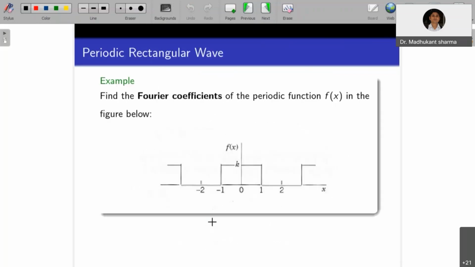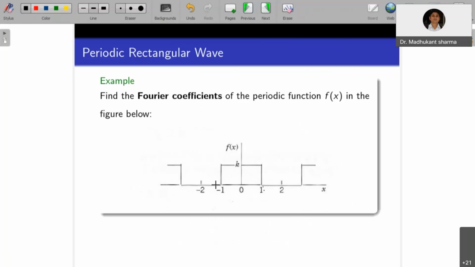So this is one example of a periodic rectangular wave, which is k between -1 to 1, and which is 0 between 1 to 3.